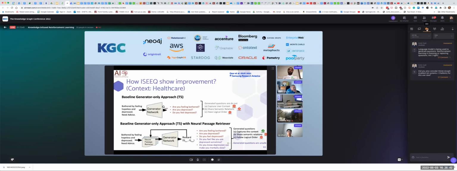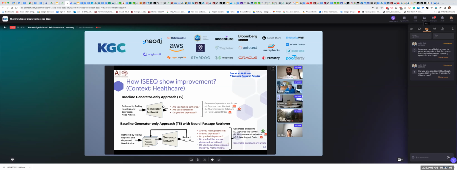If they are not similar to these terms, then they are not safe questions. Essentially, you are able to capture the context. You also brought in some diversity in the question generation, but the semantic relationships with the user query and the logical order are still missing.